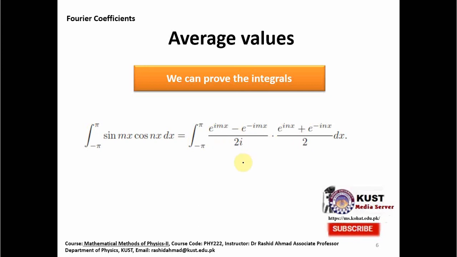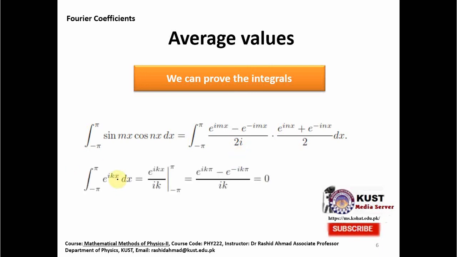What we see here is that, because in the exponential notation the sine has a minus and the cos has a plus, the cross terms or mixed terms cancel out, and we are left with only single terms, or pure terms, you can say.